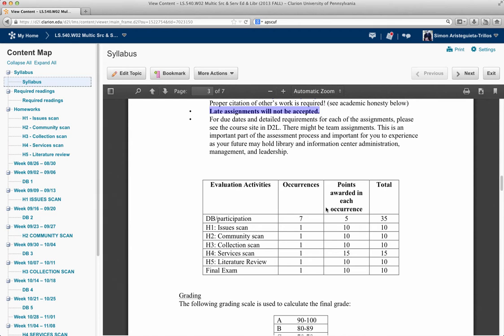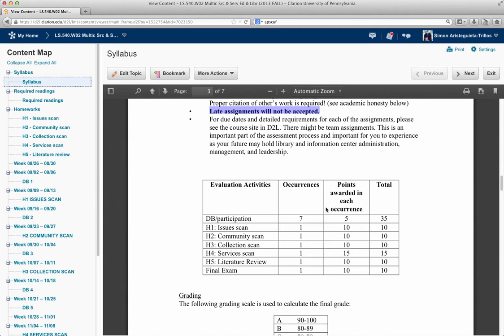Then we have 5 homeworks: H1, H2, H3, H4, and H5. H1 and H2, what I call issues scan and community scan, is an awareness homework for you. And I'm going to go into detail later when we explain the homeworks.